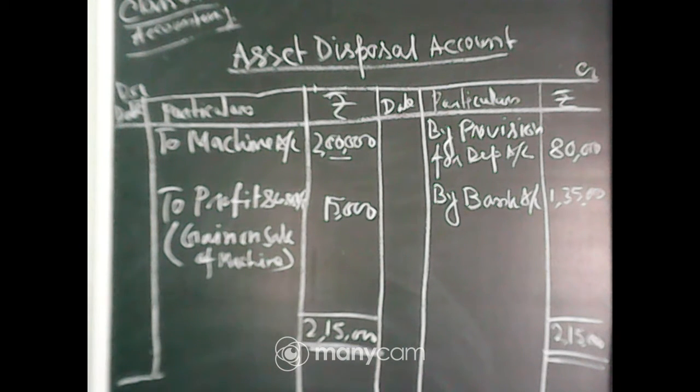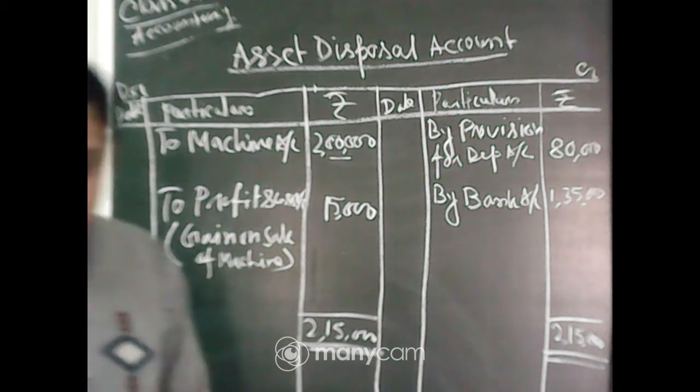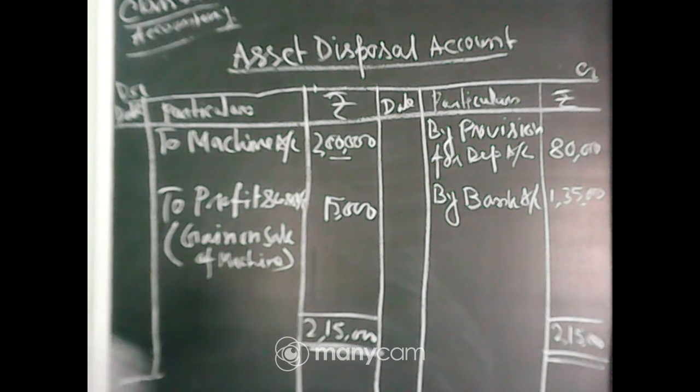Already I have discussed the asset disposal account through a practical example. So this is another practical example we will take, question number 11, page number 285 from your book.